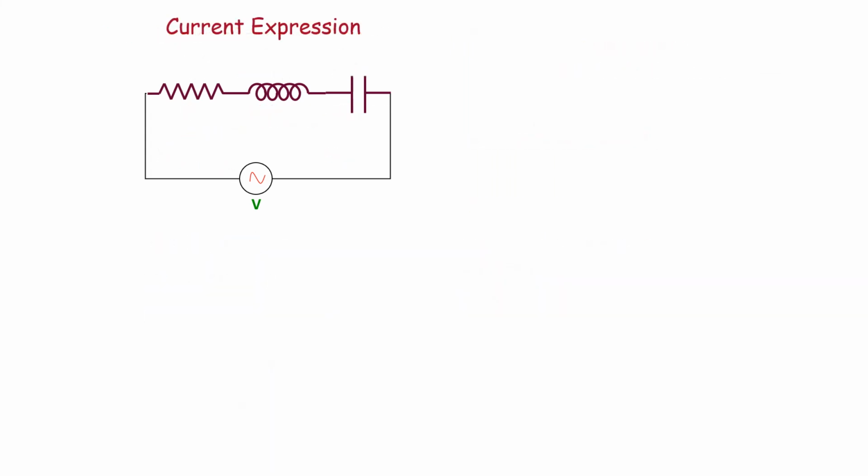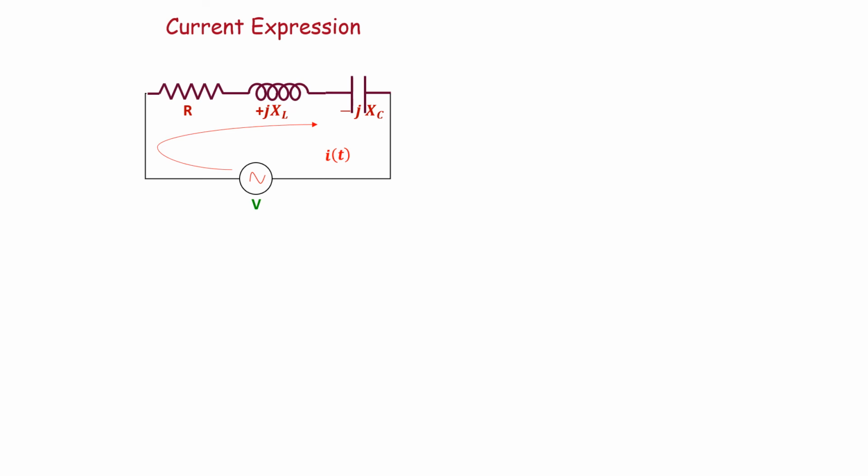Let us know how to write the current expression in a series RLC circuit. The figure shows an RLC series branch connected to a voltage source of V volts. The values of RLC are written as R plus JXL minus JXC.